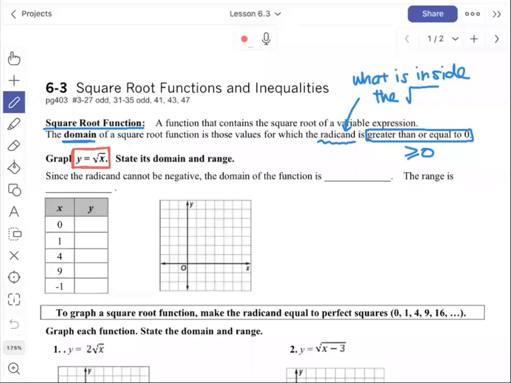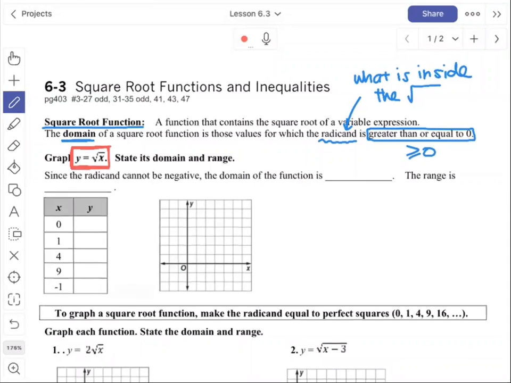We're going to graph this parent function, y equals rad x. Parent function just means the most basic function, where nothing's being added, subtracted, or multiplied. It's just rad x. Then we're going to state the domain and range.